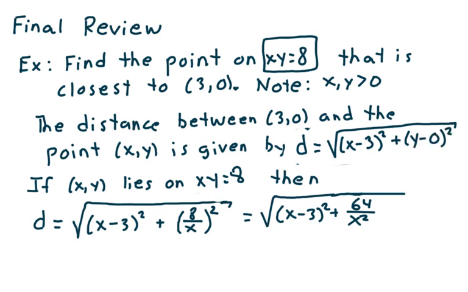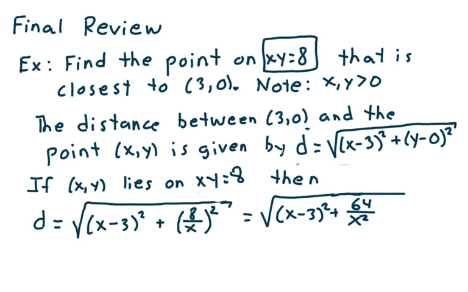Now, if (x, y) lies on xy equals 8, then d equals the square root of (x minus 3) squared plus (8 over x) squared. 8 squared is 64, right? So we can say that d is the square root of (x minus 3) squared plus 64 over x squared.